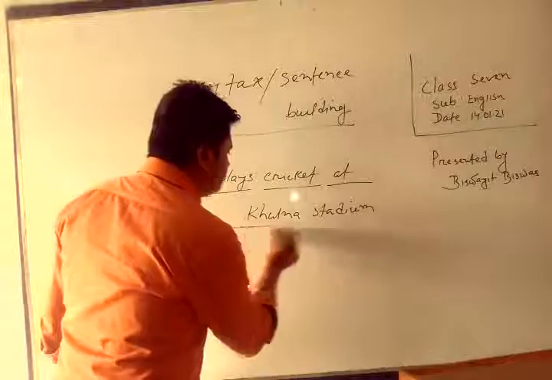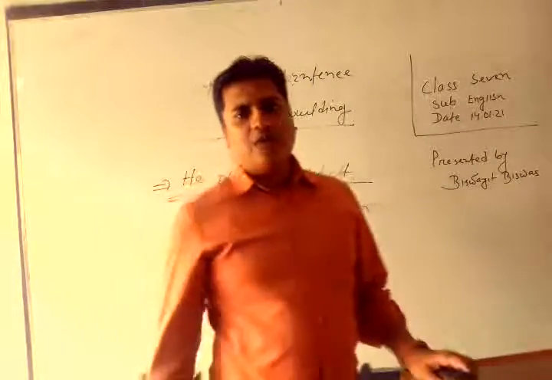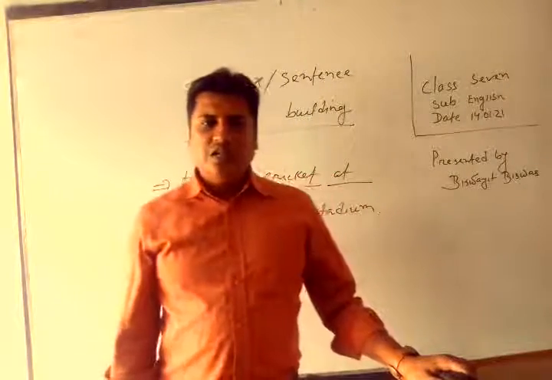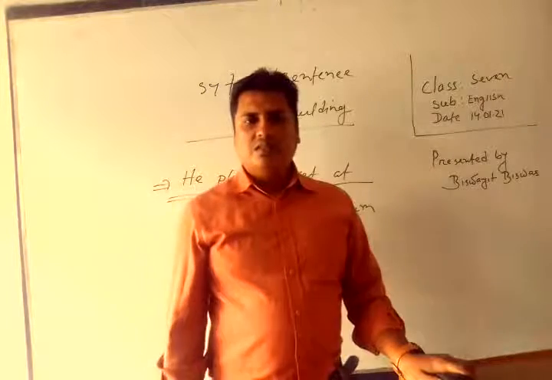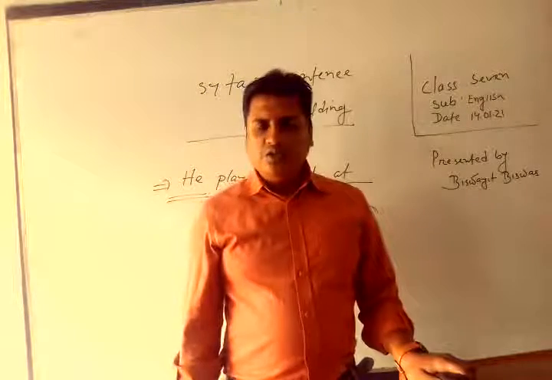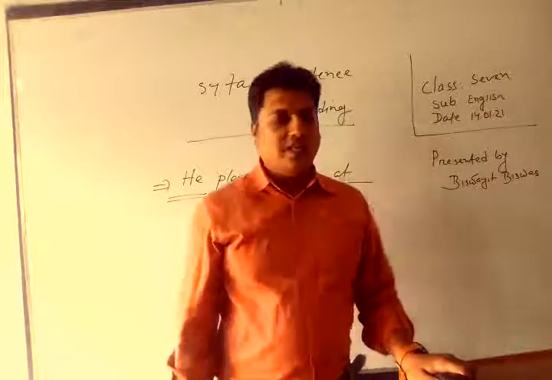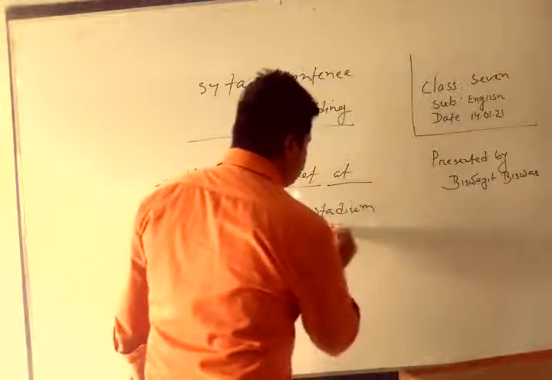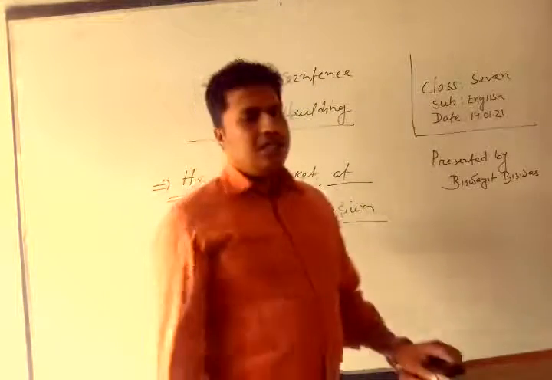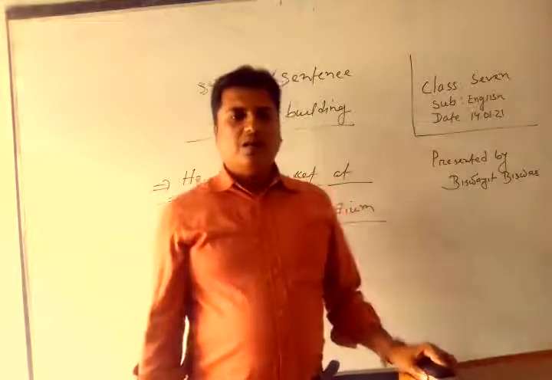And Khulna, this word Khulna belongs to noun. This is a proper noun. The name of a place is known to be proper noun. You know, Khulna is a proper noun. Okay. Stadium, this is a noun. Stadium, this is also a noun.